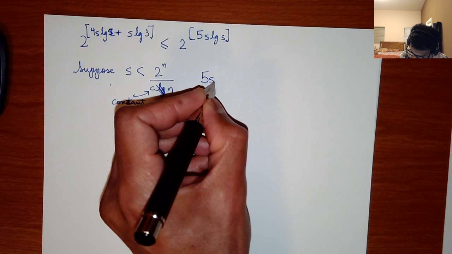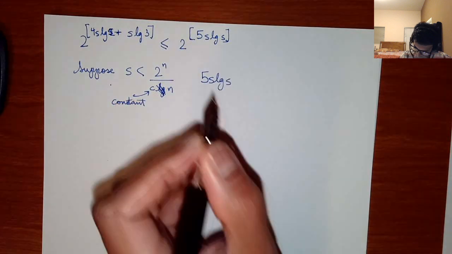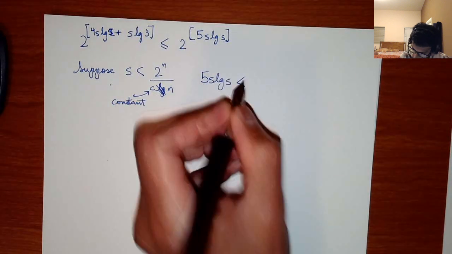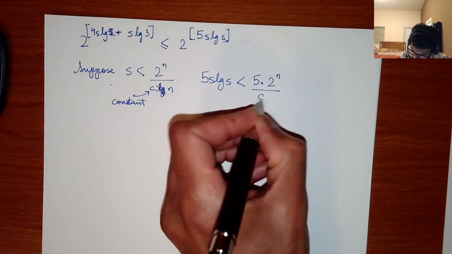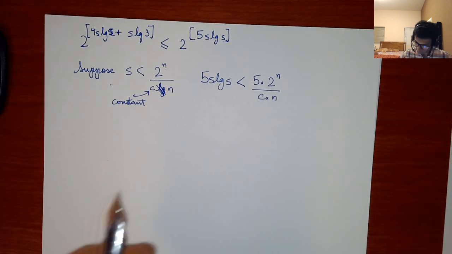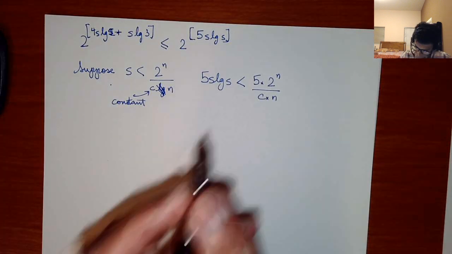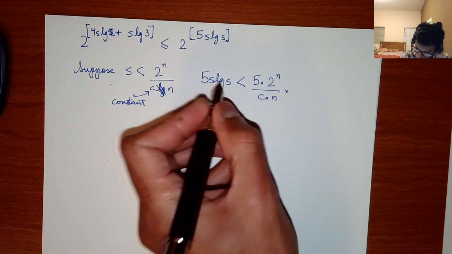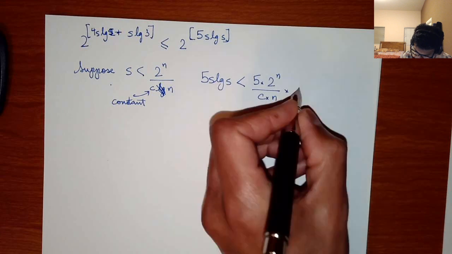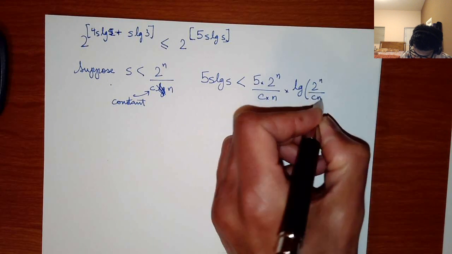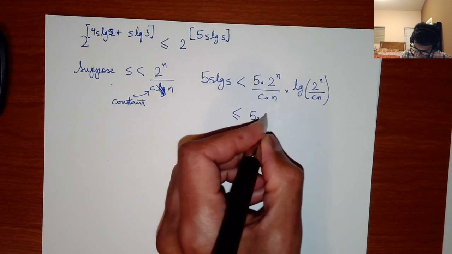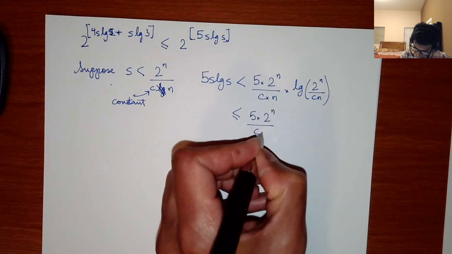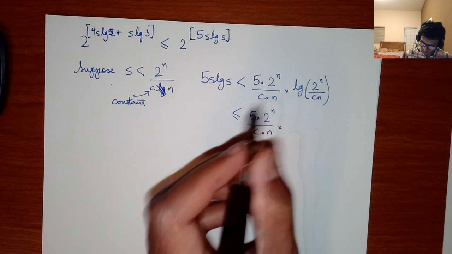So 5S log S is going to be at most 5 times 2 to the n divided by c times n, times log S. I'll upper bound this log by n.